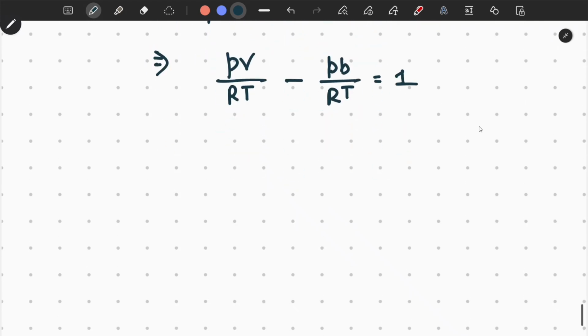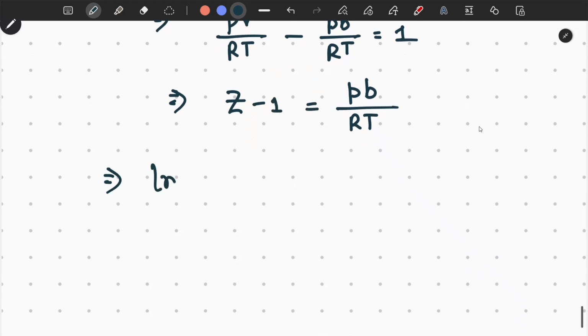So this is Z, 1 plus BP by RT, or 1 plus PV by RT, whatever you want to write. This is Z. So Z minus 1 is this.